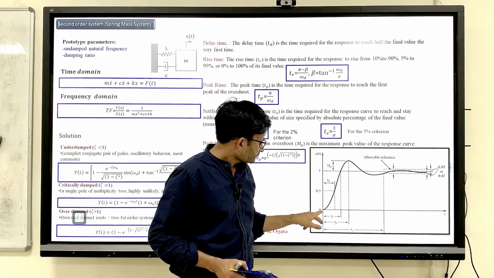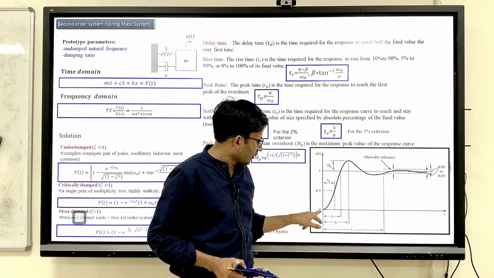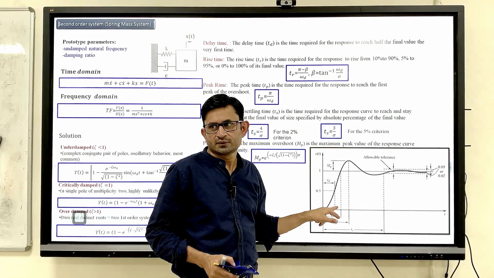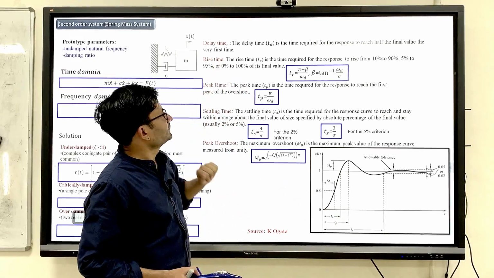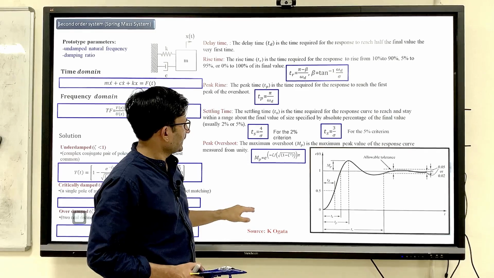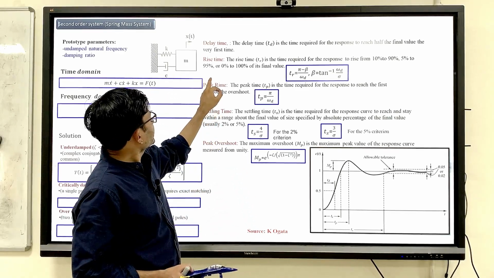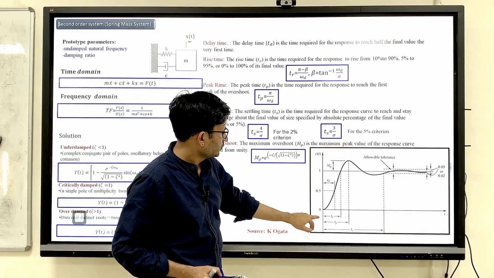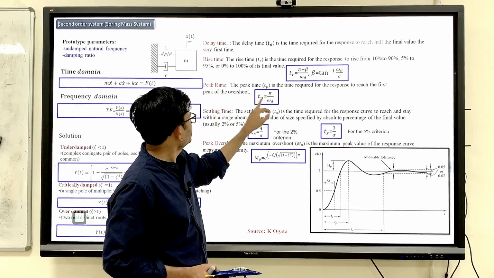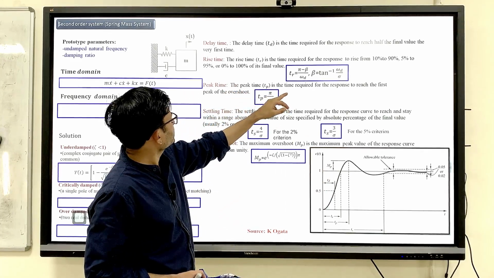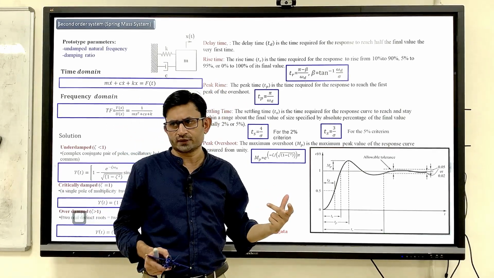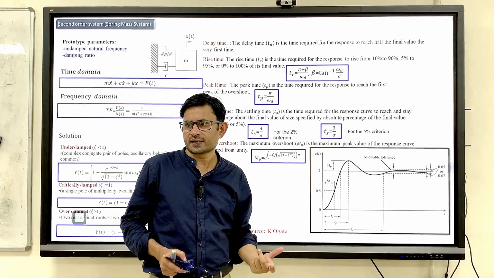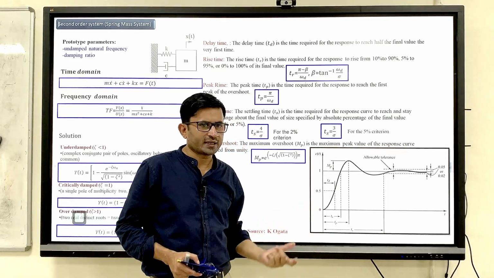So you can see when the output reaches from 0 to 50%, it is the delay time, and rise time is, for example, 0 to 100% or 10 to 90% or 5 to 90%, anything you can take. So see, 0 to 100%, what is this? TR, rise time. So delay time, rise time, clear, right?